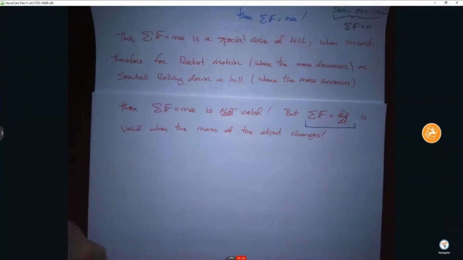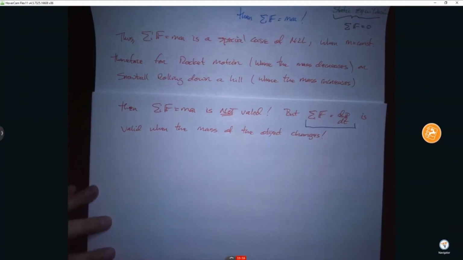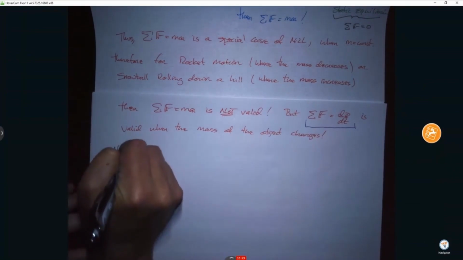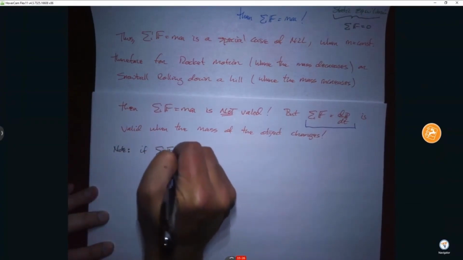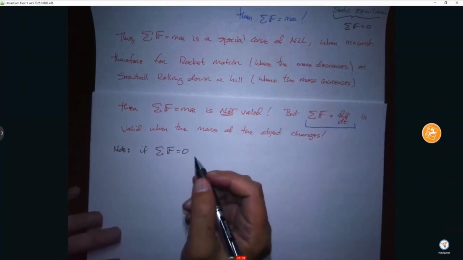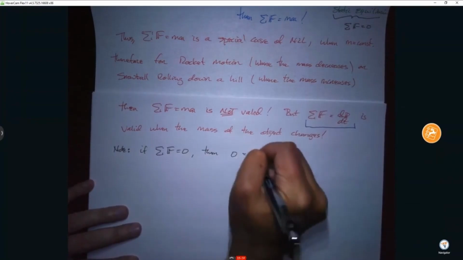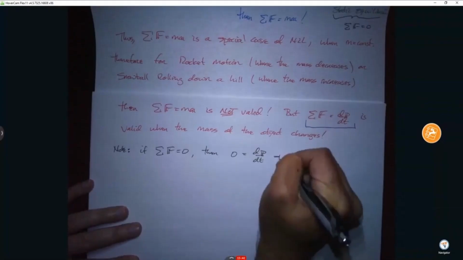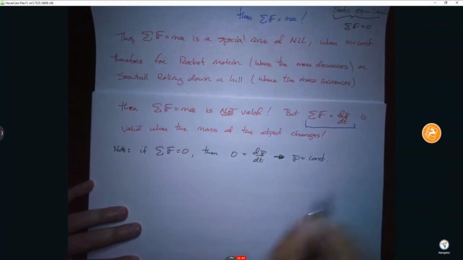Now if we take a look at our new version of Newton's second law, what we can note is that if the net force is 0, like our static equilibrium type of problems, then 0 is equal to the time derivative of the momentum. This implies that our momentum has to be constant.